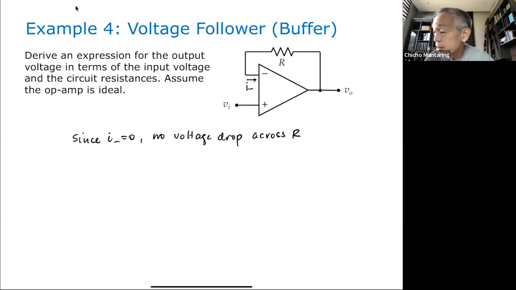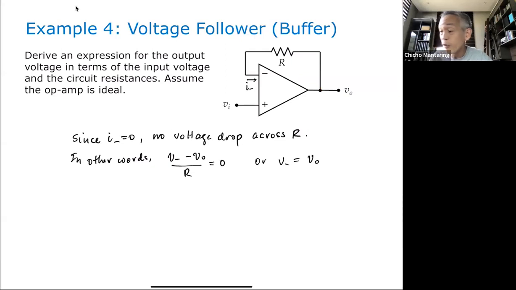In other words, V minus minus V sub O over R is equal to 0. V minus, the voltage here, minus V of O over R is equal to 0, or V minus is equal to V of O.